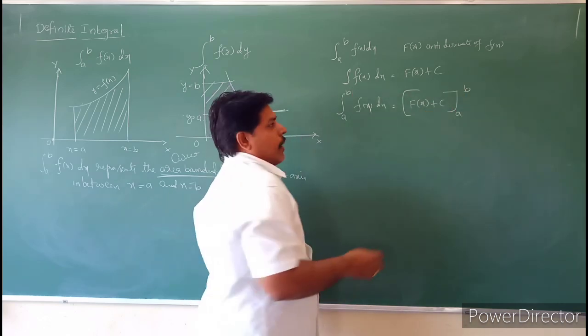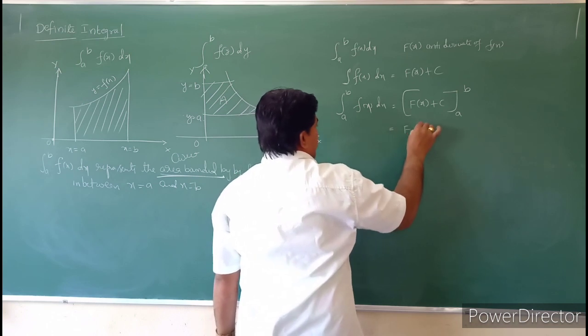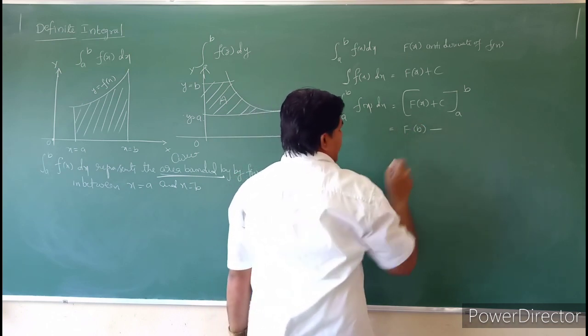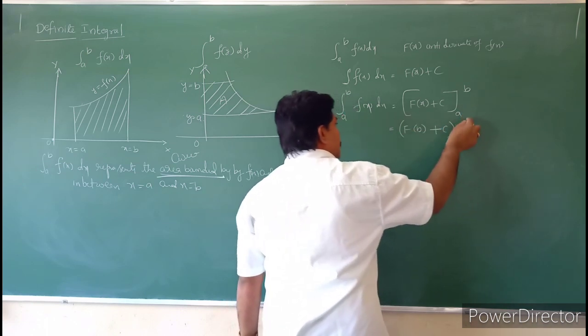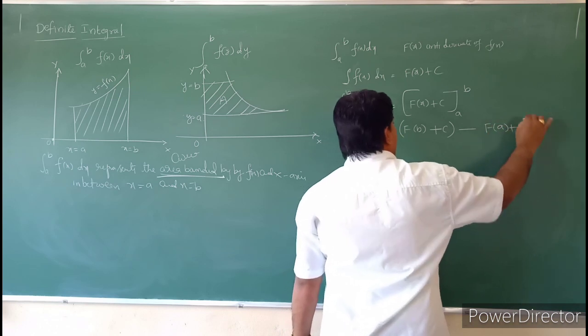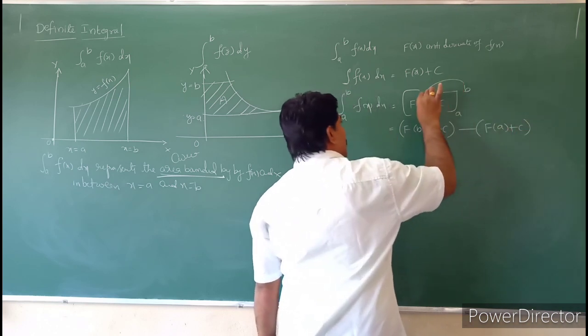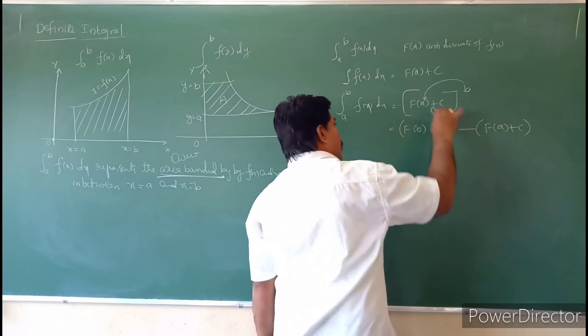First apply the upper limit, F of b plus c, minus, then apply the lower limit, F of a plus c. Just apply the upper limit minus the lower limit.